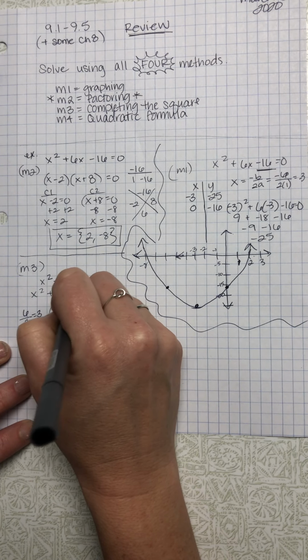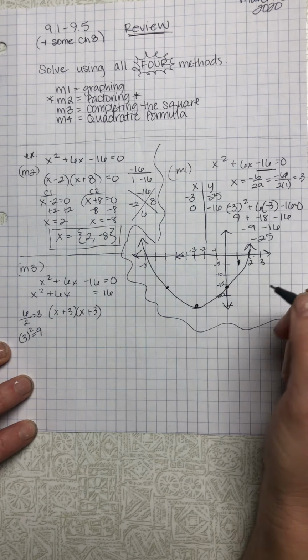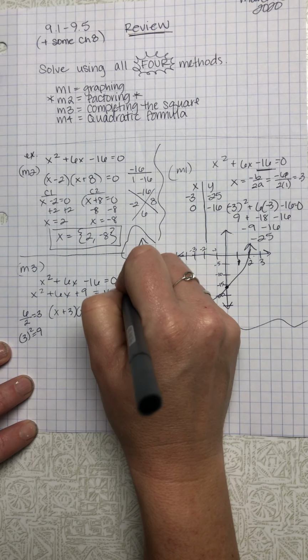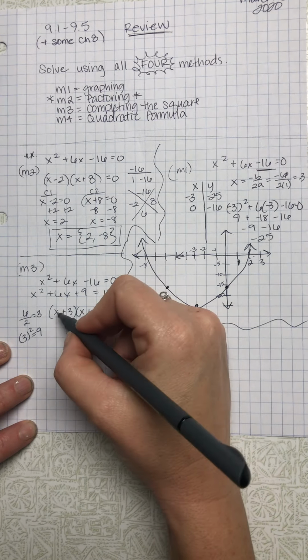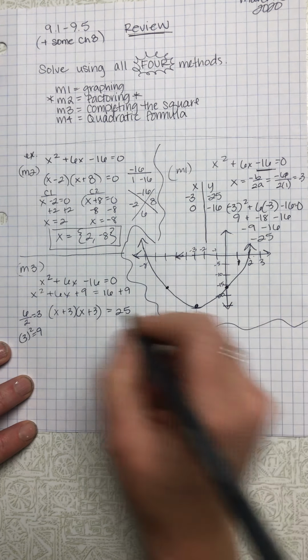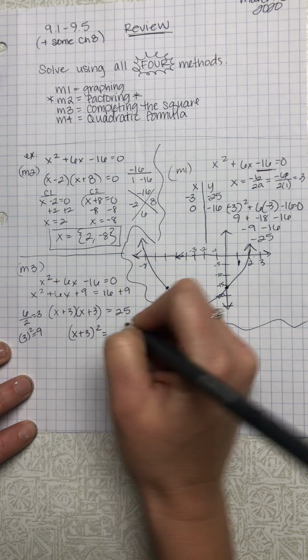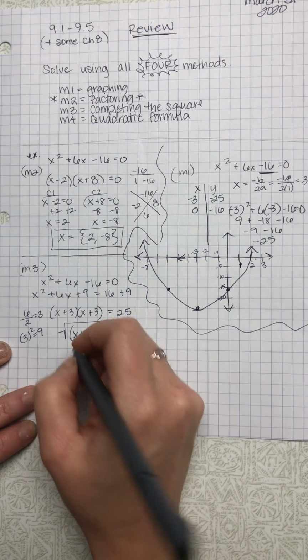So x plus 3 becomes our parentheses, and 9 is what we put in. What we do to one side, we have to do to the other. So we end up with x plus 3 squared equals 25. Both of those can be rooted.